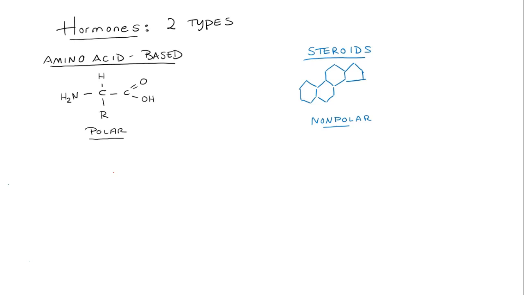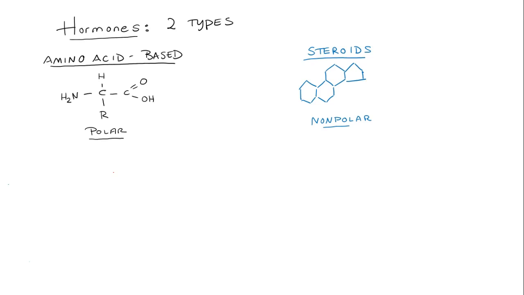The amino acid-based hormones may be monoamines, or they may be short proteins called peptides, like oxytocin, which is only 9 amino acids long, or they could be long proteins, like growth hormone, which is 191 amino acids long. And then the steroid hormones are, for example, the sex hormones, estrogen and testosterone, produced by ovaries and testes, or stress-related hormones like cortisol, produced by the adrenal glands.